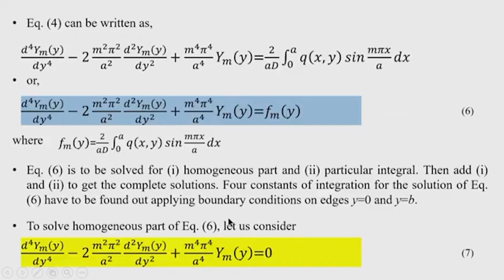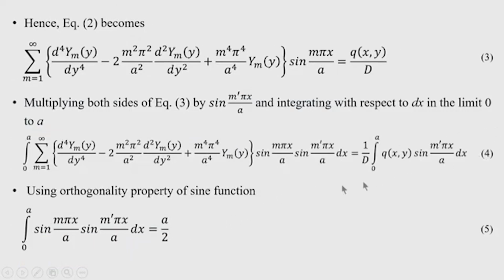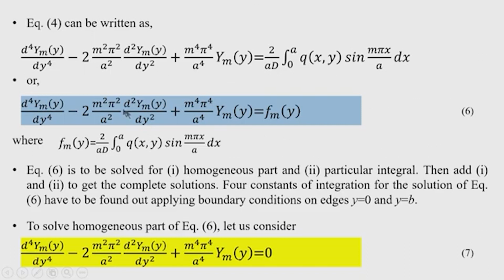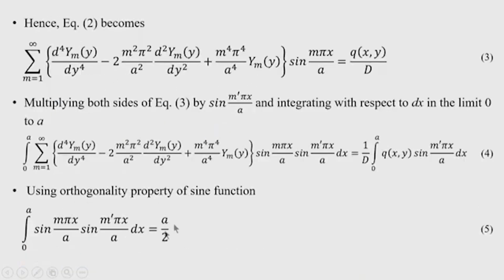So, equation 4 can now be written, because after integration only one term will remain, which is a by 2. This is written like that because a by 2 will now transfer to the right hand side, so it will be 2 a divided by a D, and this term will remain as it is.